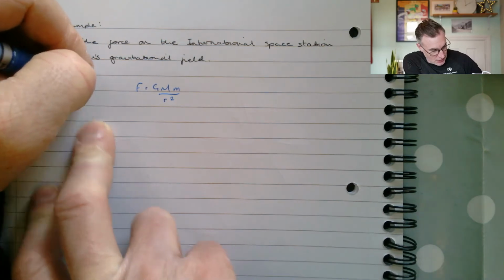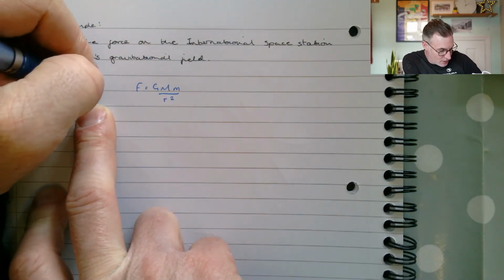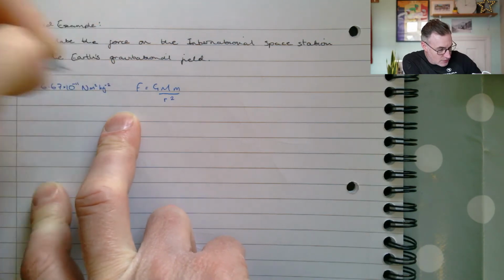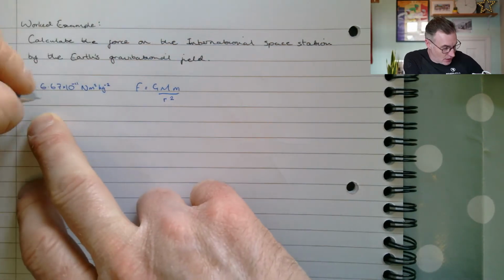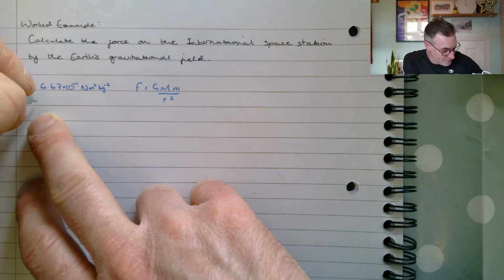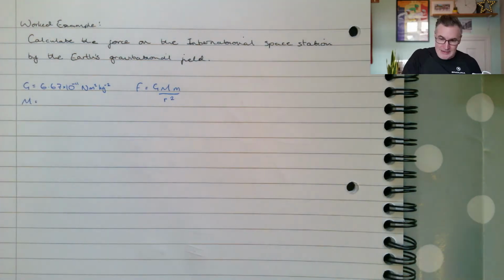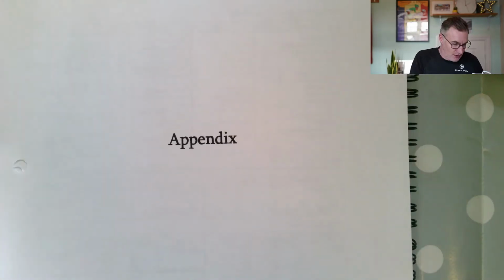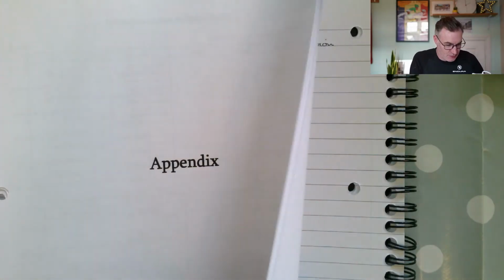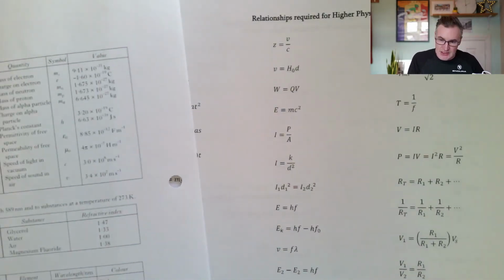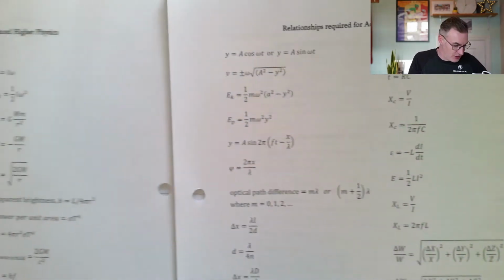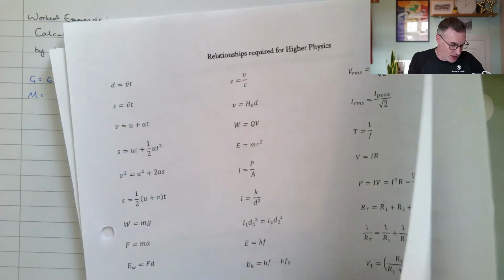I don't know whether I can actually be bothered writing out the unit, but I will. There, now big M, mass of the Earth. This is at the end of your course notes. You'll have this appendix, which is going to have the data sheet and the relationship sheet for Advanced Higher and for Higher.